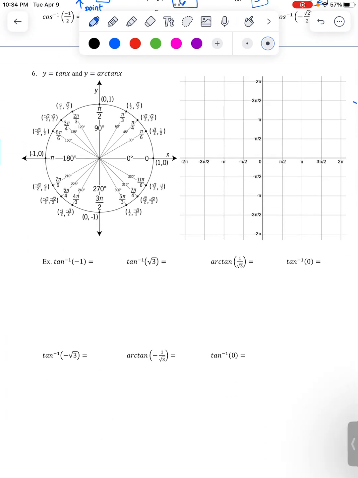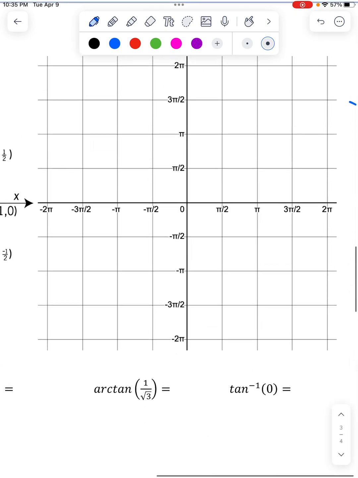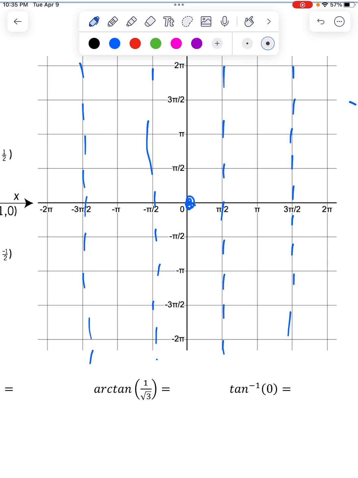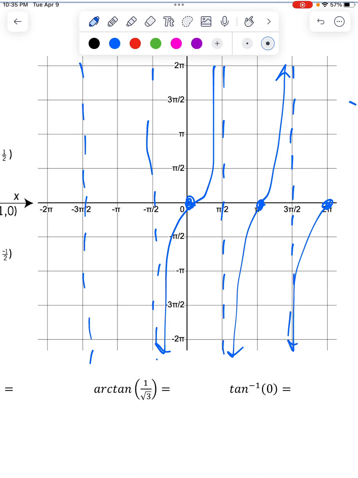Okay, let's talk about tangent. So tangent has its asymptotes at pi over 2, 3 pi over 2, negative pi over 2, negative 3 pi over 2. And remember, this is right side up, left side down, and so on.